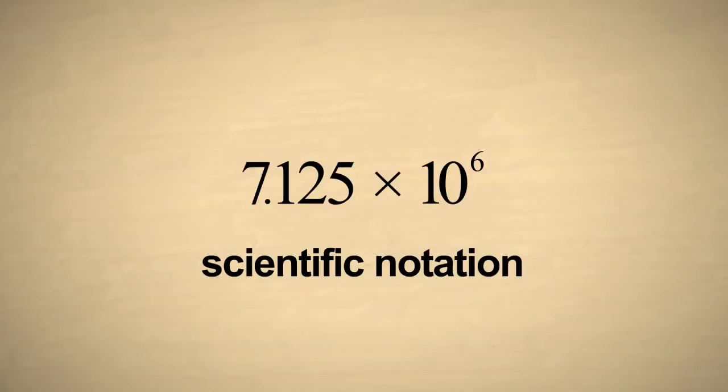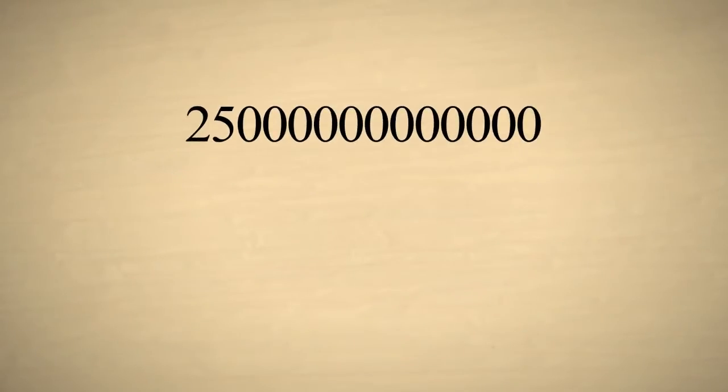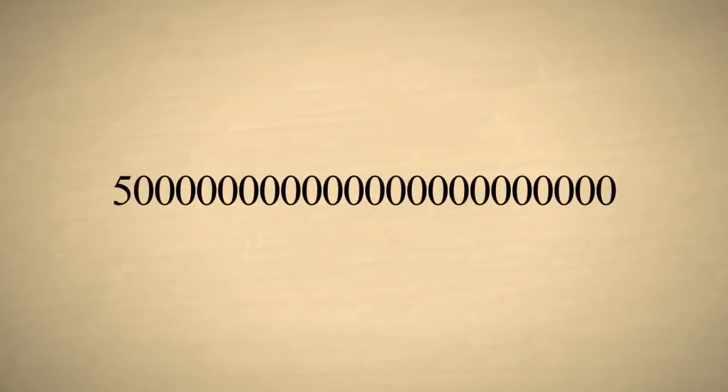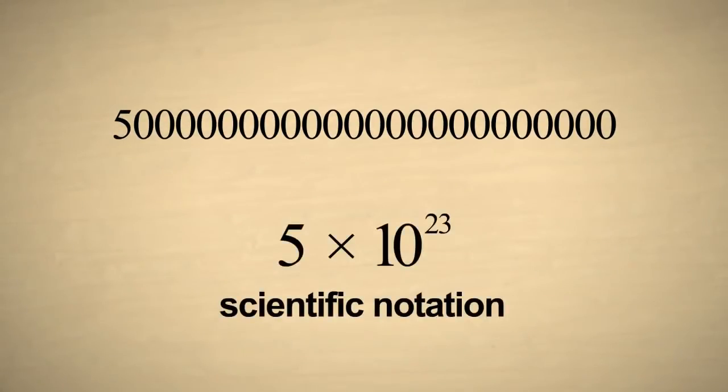Since the exponent can be positive or negative, the multiplier can make the number as large or small as we like. For instance, the distance to the nearest star, 25 trillion miles, expressed in scientific notation is 2.5 times 10 to the 13th miles. And the number of atoms of gas in a toy balloon, about 500 sextillion, expressed in scientific notation is 5 times 10 to the 23rd.